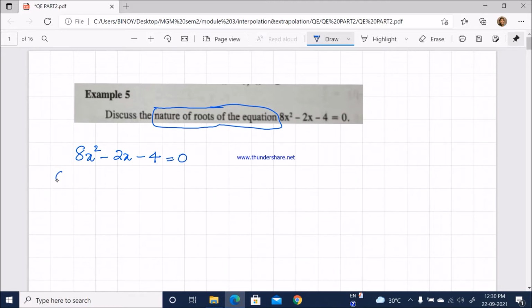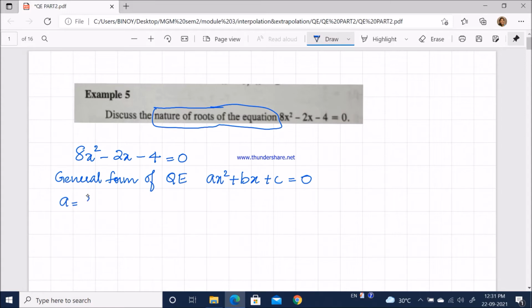So according to the general form of quadratic equation, ax square plus bx plus c equals 0, where a is equal to 8, b is equal to minus 2 and c is equal to minus 4.